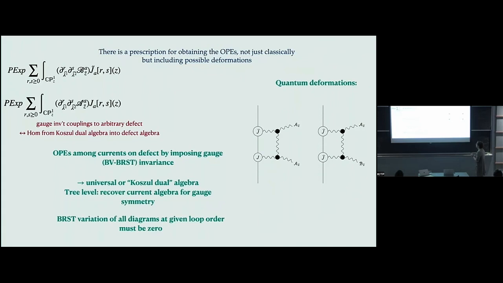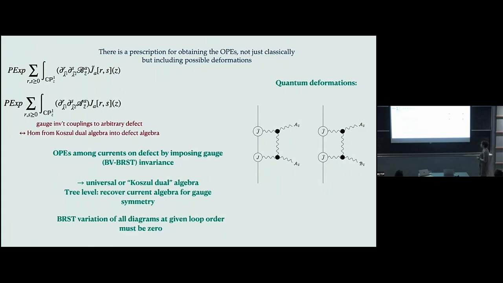And then the OPEs for these vertex operators, here I've displayed J and J tilde, can be computed by demanding essentially just gauge invariance of this generalized holomorphic Wilson line operator.